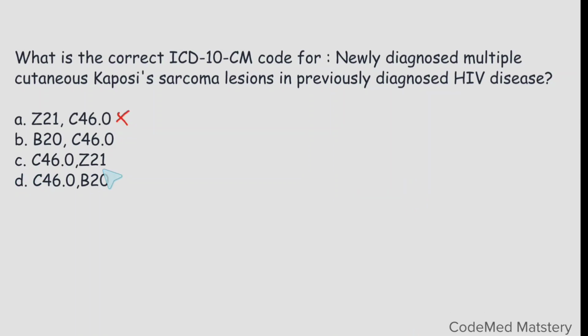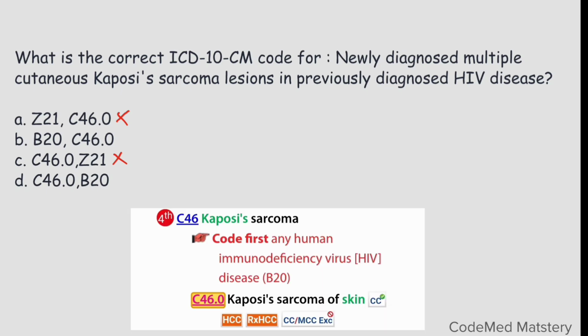In option C also they have mentioned Z21. So eliminate that. Now we are left with option B and option D. Both have the same codes, B20 and C46.0, only the sequencing is different. C46.0 is for Kaposi sarcoma of the skin.